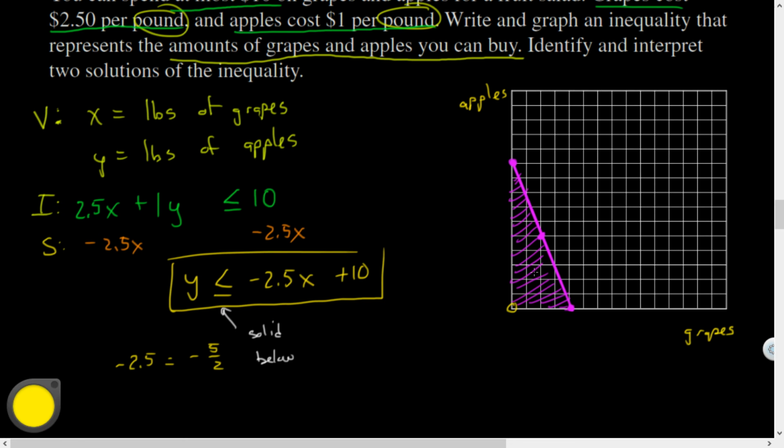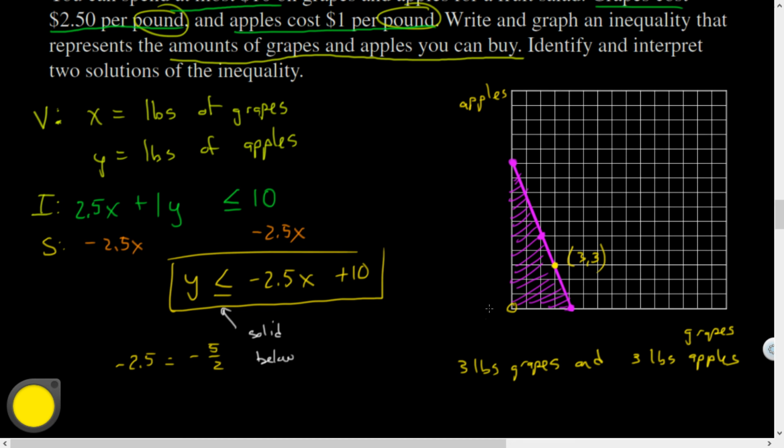So let's pick a couple possible solutions. Would this solution work? It's on a solid line. That's the point 3, 3. All right, so that's like 3 pounds of grapes and 3 pounds of apples would work. All right, that works.